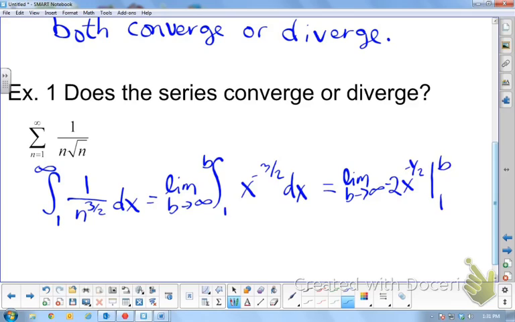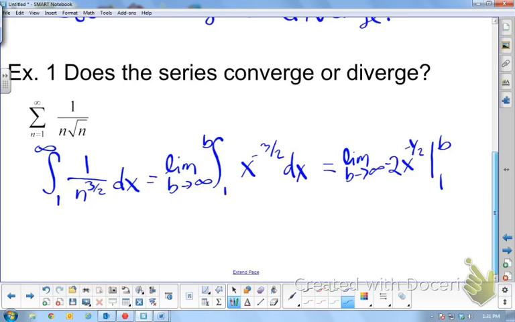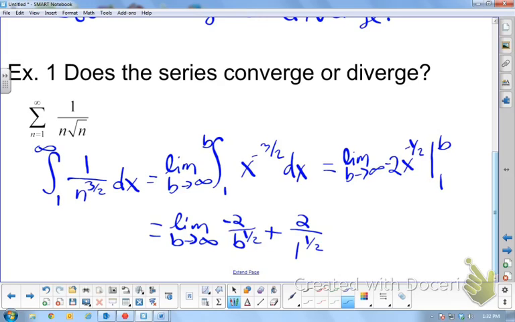Evaluating from 1 to b. So now we can do our fundamental theorem of calculus. Equals limit as b approaches infinity of negative 2 over b to the 1 half plus 2 over 1 to the 1 half, because we had minus minus, which makes plus.